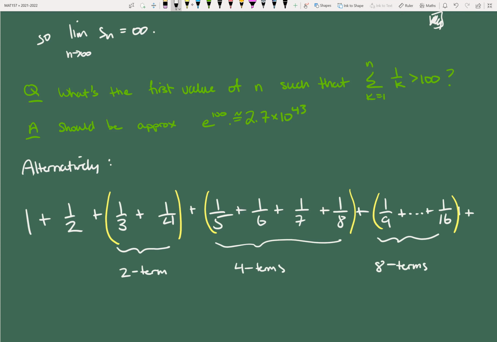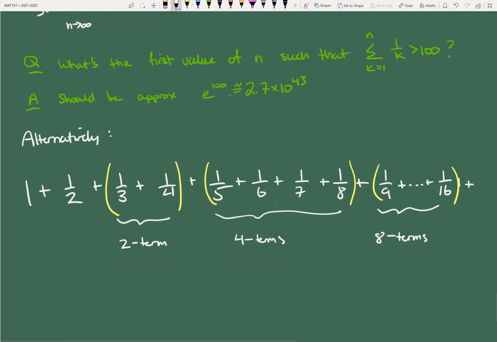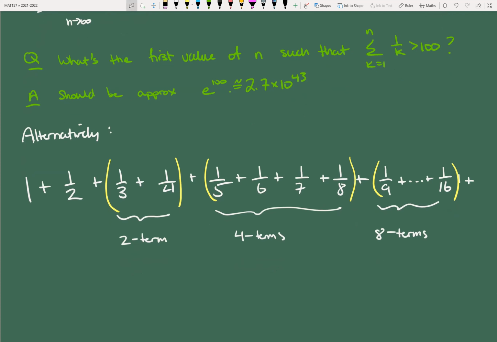Okay, so starting with the 3rd element of the sequence, I'm going to start grouping them into the powers of 2. And then I'm going to look at the smallest number in each grouping. So I guess I do have to use inequalities here. This is going to be greater than 1 plus 1/2.